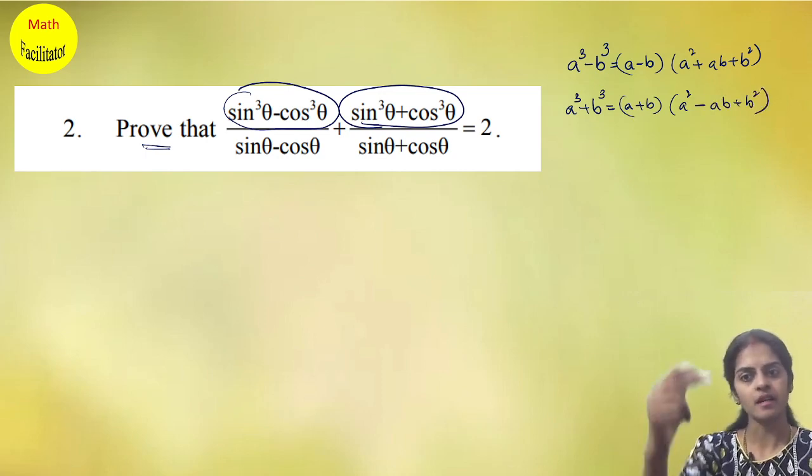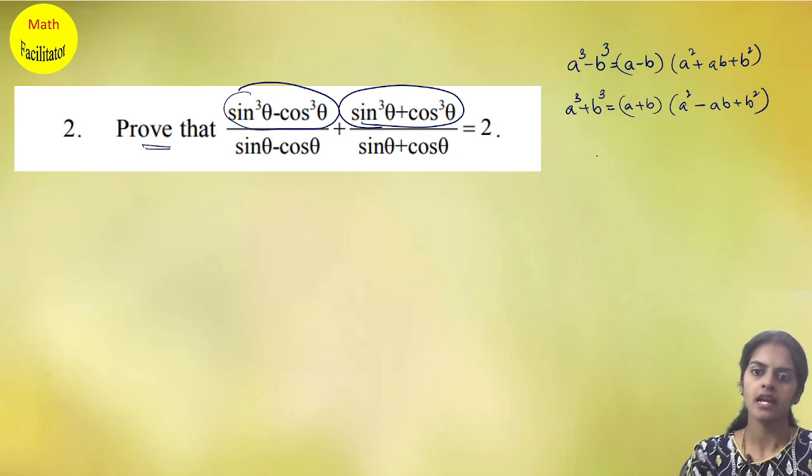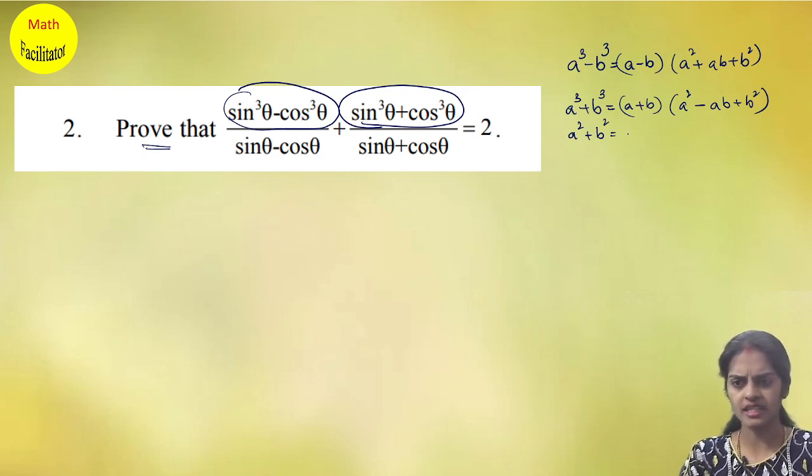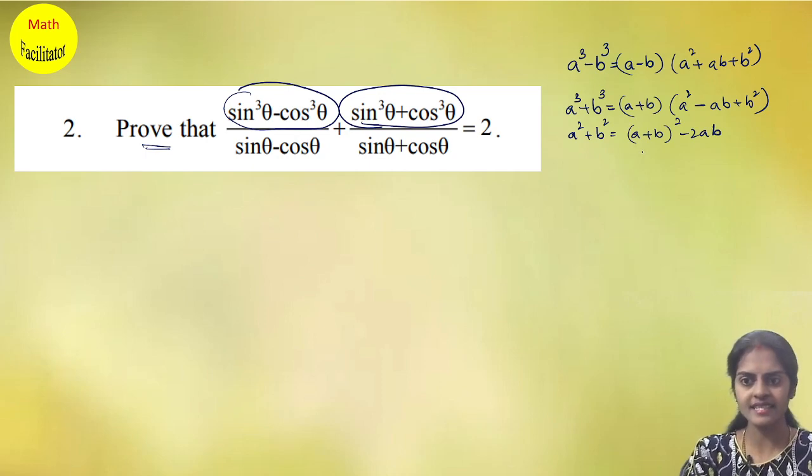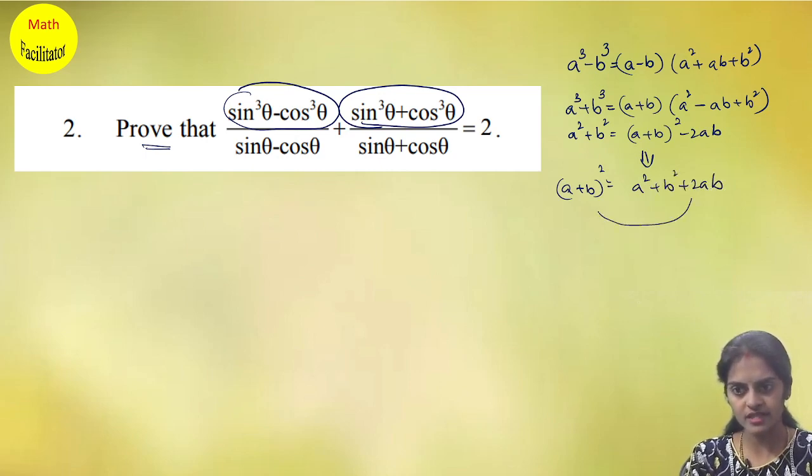So people compare the identity and check. And two more identities, A square plus B square, or A plus B whole square, you can also learn, which is nothing but A plus B whole square minus 2AB. This is nothing but A plus B whole square equals A square plus B square plus 2AB. This 2AB, if you send it to the other side, you will get this identity.